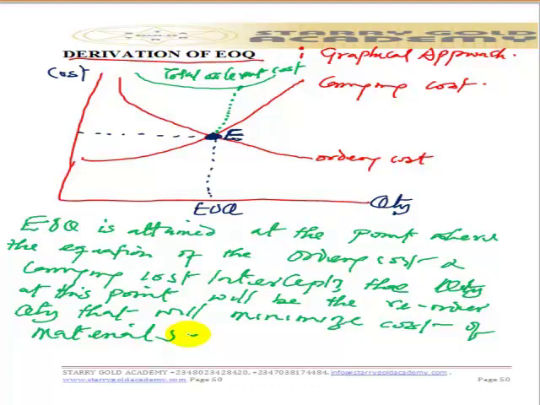So usually in cost accounting, you might not be, in fact, you will not be examined on the graphical method, but the algebraic method, which are the formulas for estimating the EOQ. The formulas that are associated with EOQ, so I call them mathematical approach.